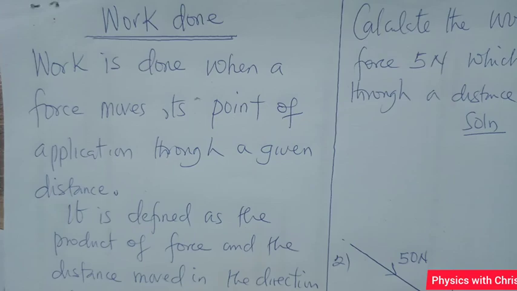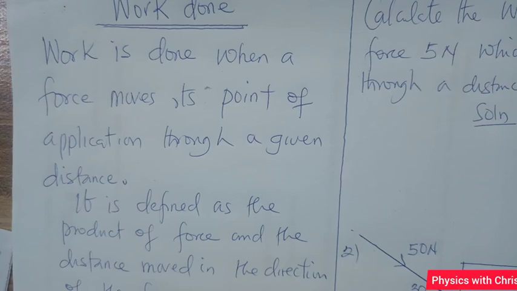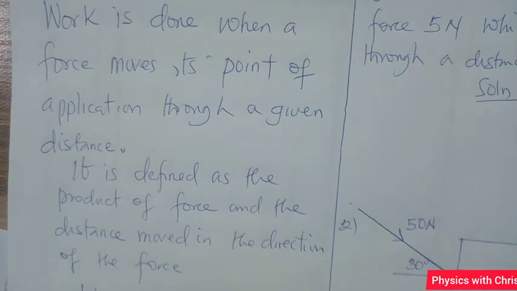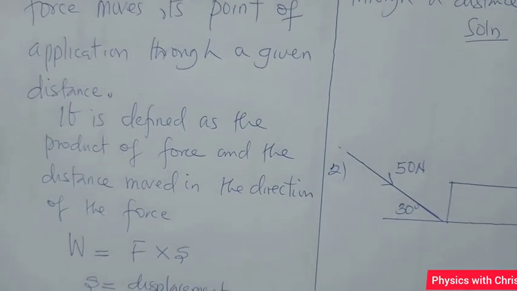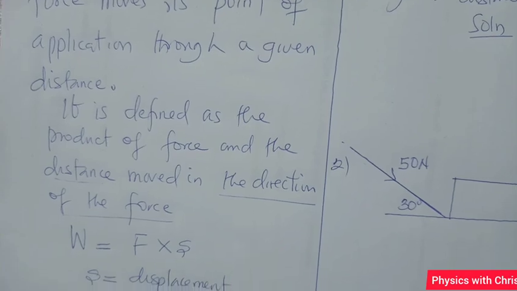So distance moved in a specific direction, of course, you know that that is displacement. So we can see that work done is a product of force and displacement. Of course, distance moved in the direction of the force is displacement.